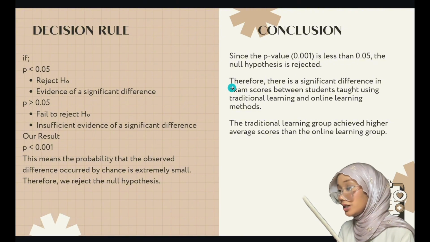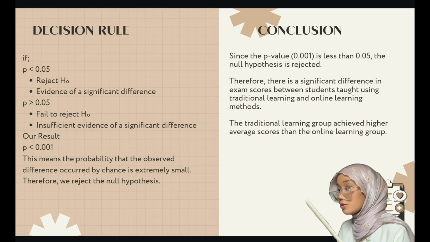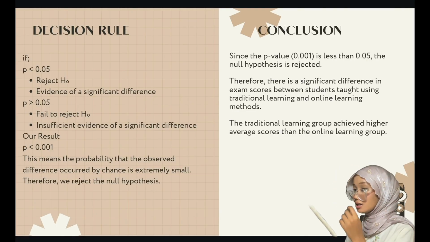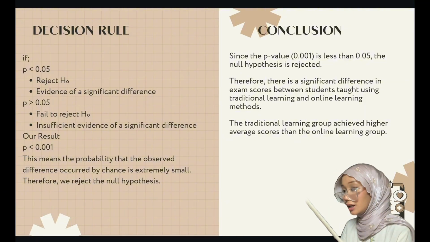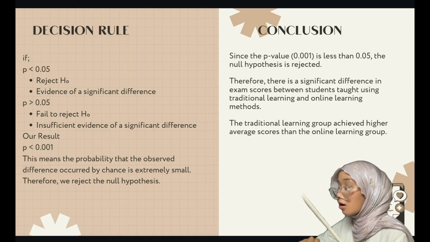So, conclusion based on the result of the independent two-sample t-test: we found strong evidence that the learning method influenced examination performance. Students in the traditional learning group achieved a higher mean score of 79.8 compared with a mean score of 71 for students in the online learning group.